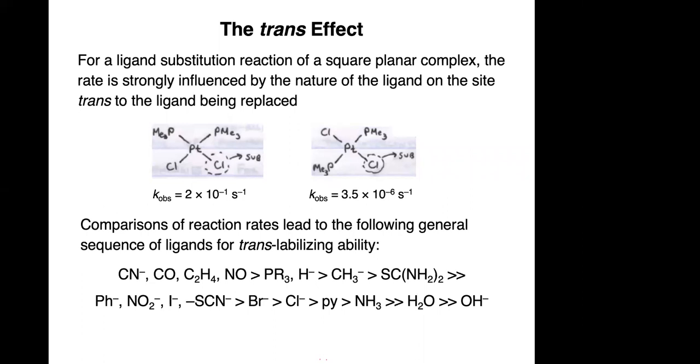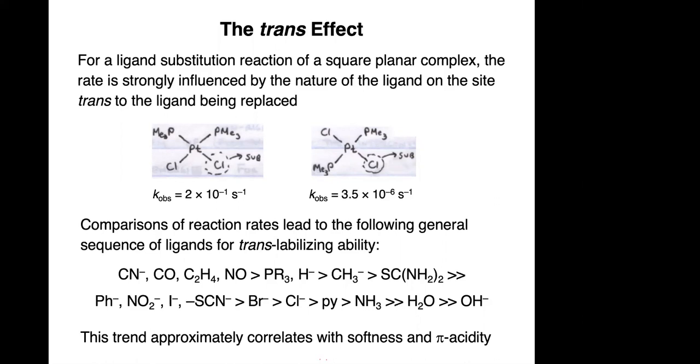Recognizing this allows us to use kinetic stability as a way of synthesizing certain targeted square planar complexes. Right? So if we know the trans labilizing ability, we can set up reactions so that substitutions will happen fast at one specific site, but not at others. And so we'll look at an example of that a little later.